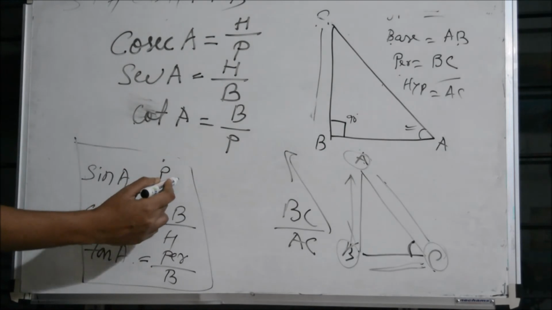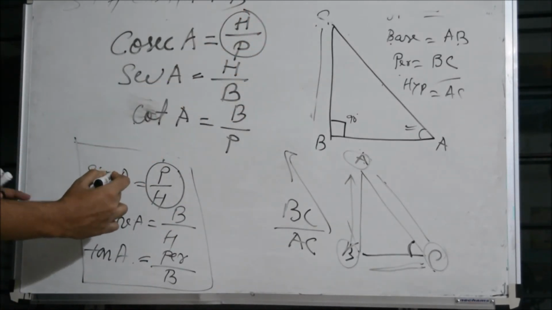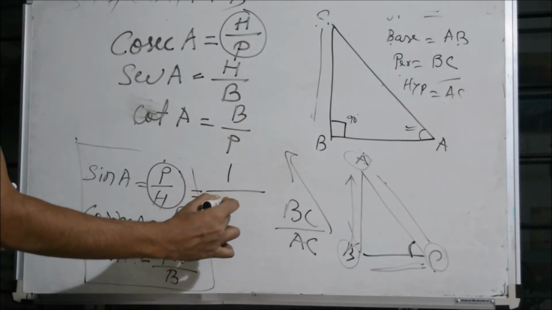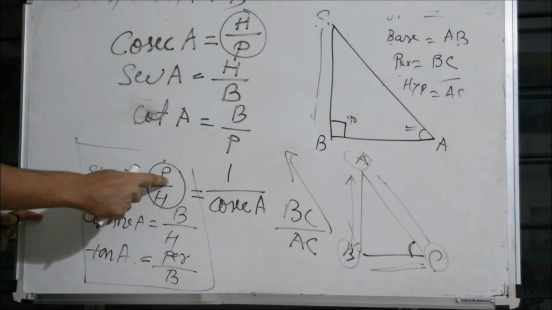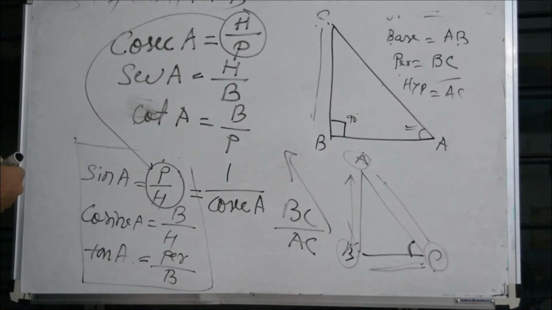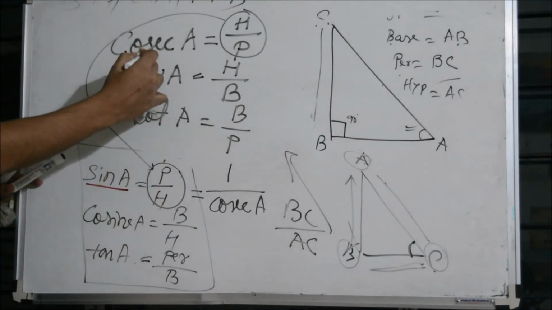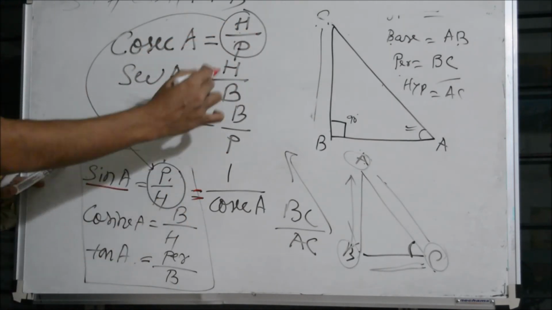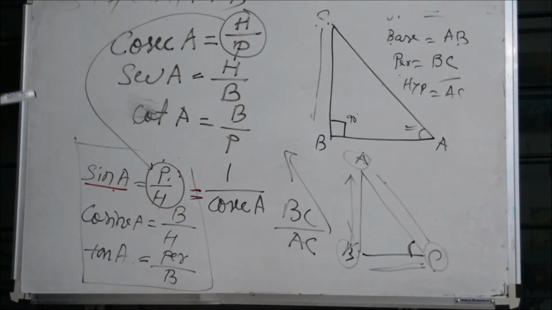See, P by H, H by P. That means sine of angle A is equal to 1 by cosec of angle A, right? These two terms are reciprocal. Sine of angle A is P by H and cosec of angle A is H by P. If we compare these two, then we get sine of angle A is 1 by cosec of angle A.